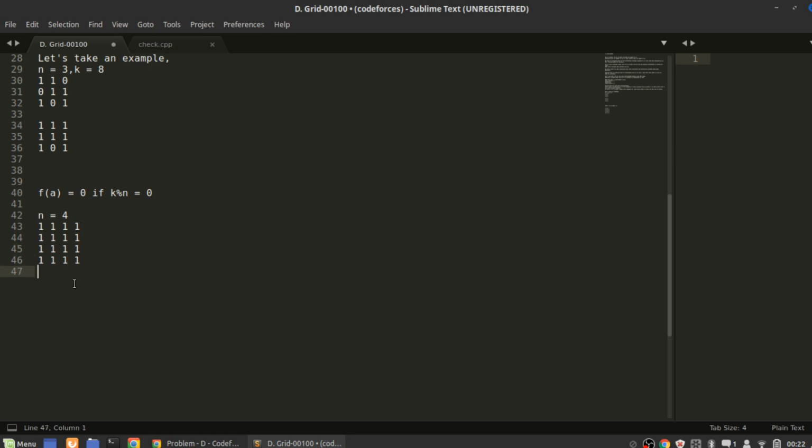So basically if k modulus n equal to 0, ans equal to 0, else ans equal to 2. So let's look at the code for this.